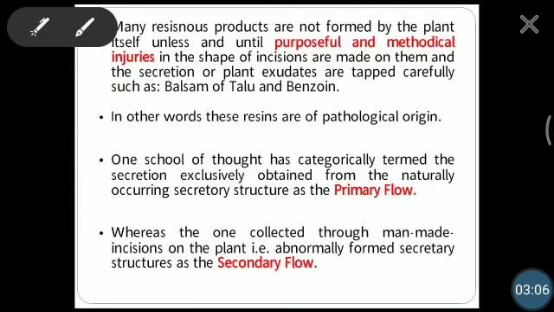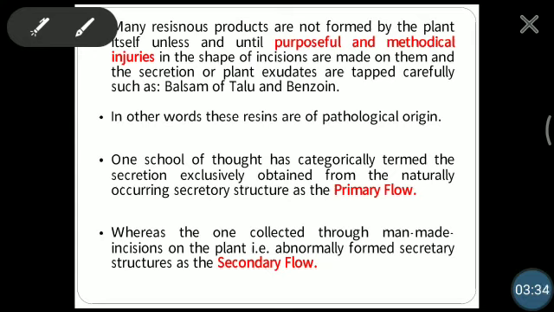Many resinous products are not formed by the plant itself unless purposeful and methodological injuries in the shape of incisions are made on them and the plant exudates are tapped carefully, such as balsam of tolu and benzoin.